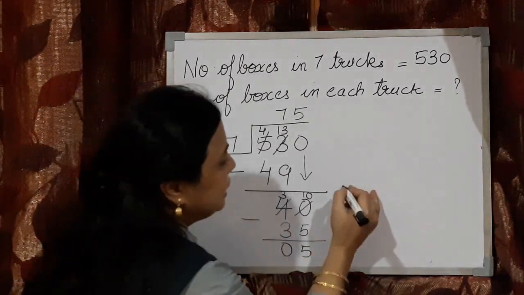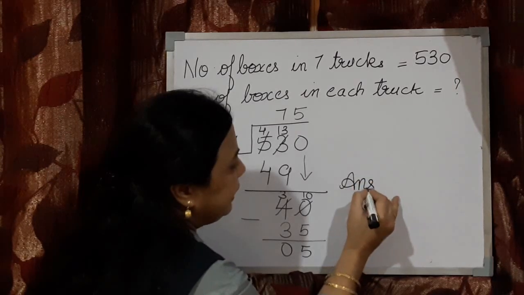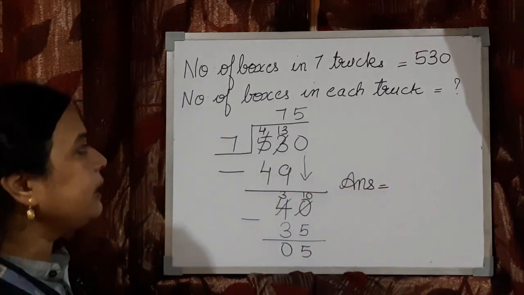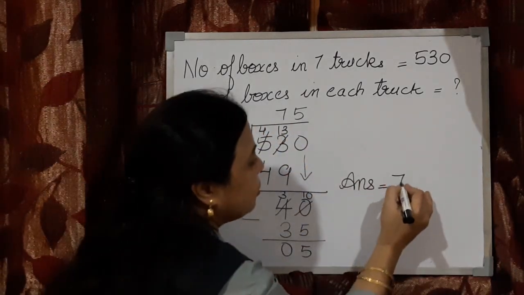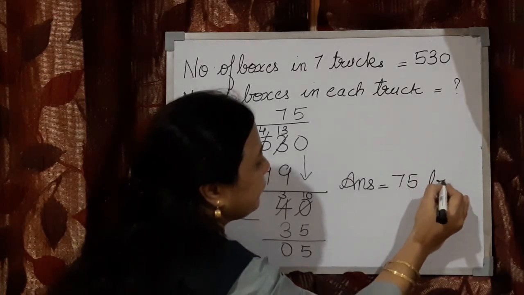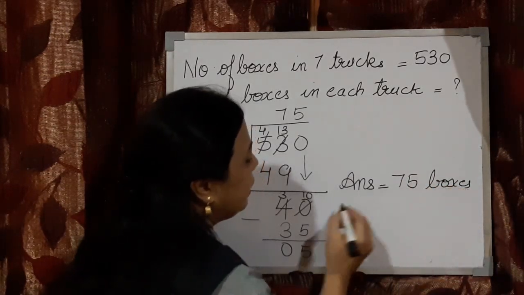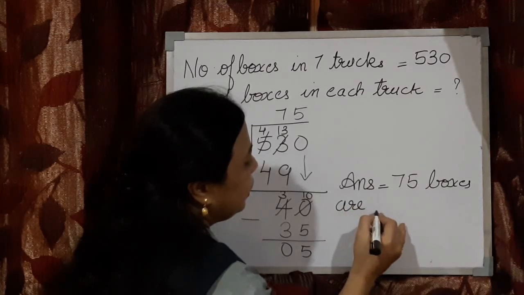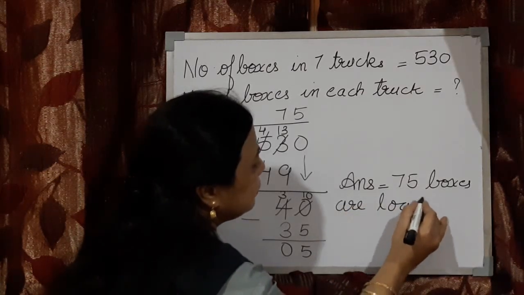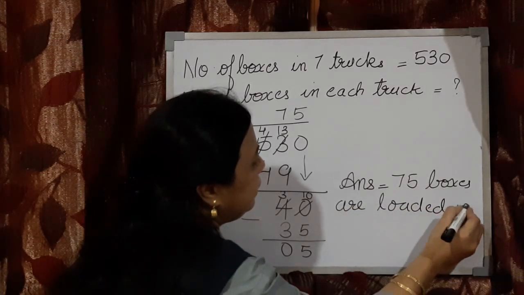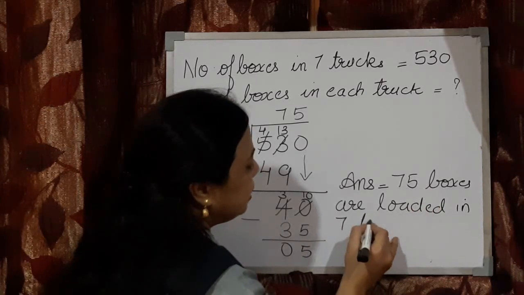So here our answer will be, in the answer what we will write down, children, that 75 boxes are loaded in 7 trucks.